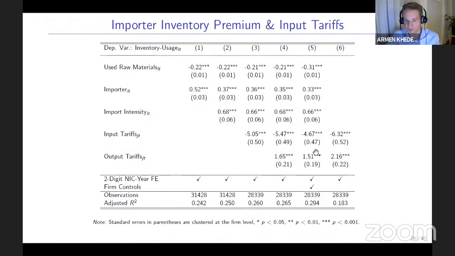It might be a little more surprising, and I think that is something related to what Felix was saying, that there might be some indirect channels or input-output channels operating, so that even though a firm is not directly importing, because it's now buying foreign goods from an intermediary, it's also accumulating those inventories.